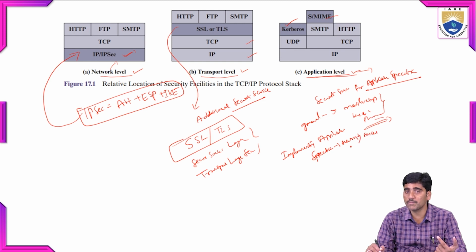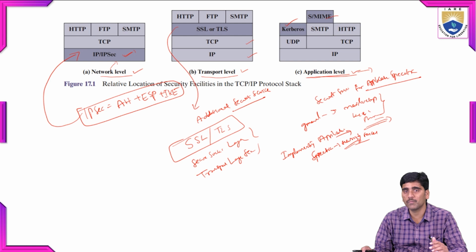Based on the type of application, the security service has to be implemented. So all these three are providing an additional extra layer for web security. This is all about how we provide an additional layer of security against web threats.